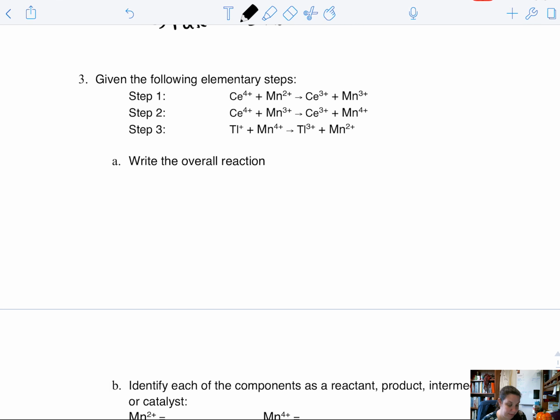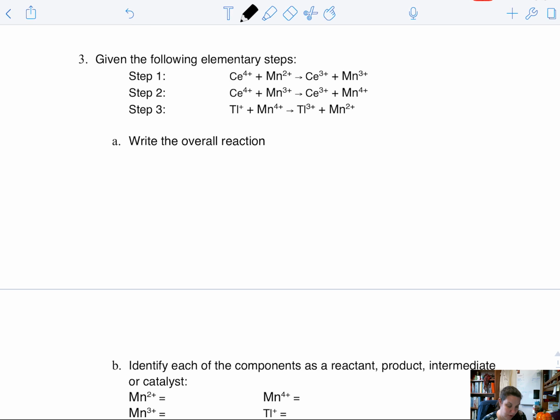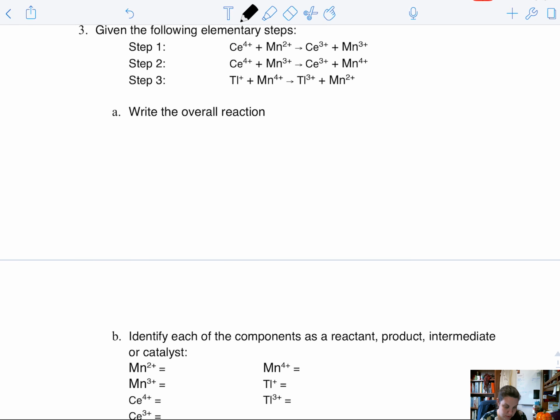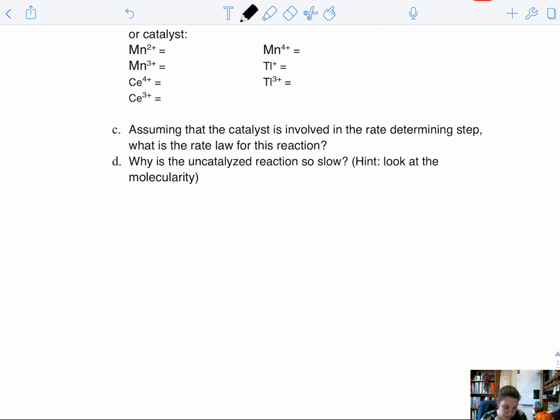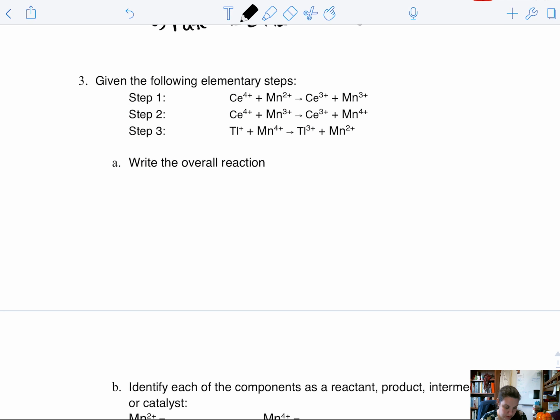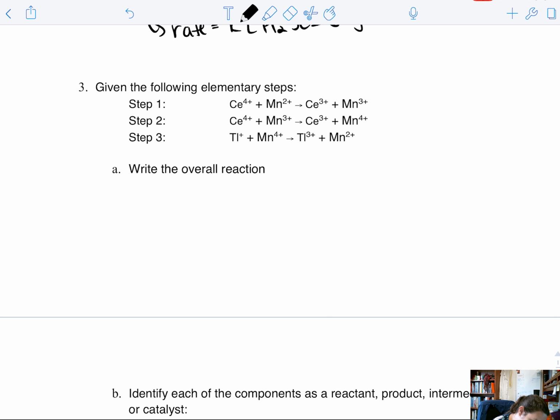Got the following steps. Want to write the overall reaction. Okay. So let's look for intermediates. Here's an intermediate. Here's an intermediate.